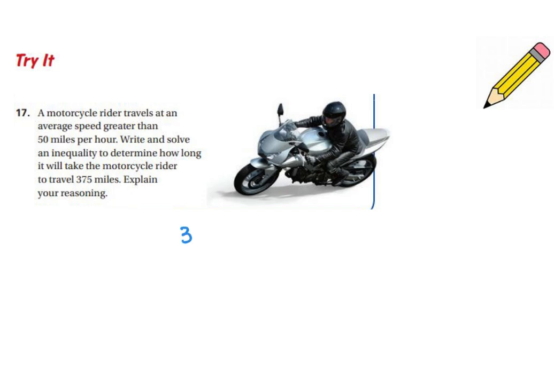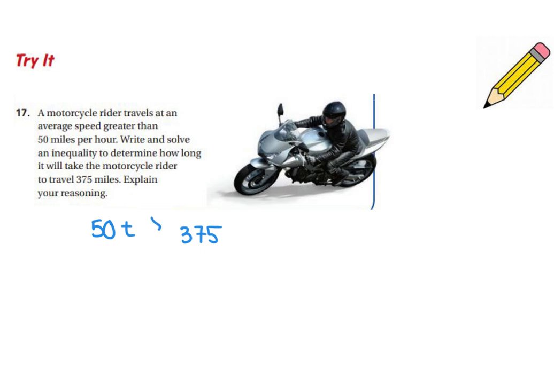So we have 375, that's the total distance. And we know that the motorcycle is traveling at 50 miles per hour. So 50 miles times t. A motorcycle rider travels at an average speed greater than 50 miles per hour.